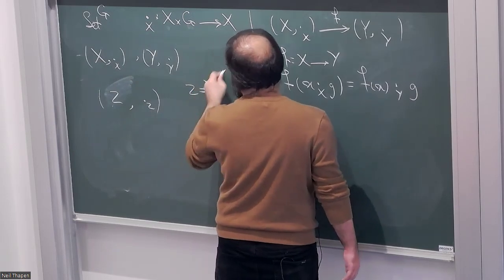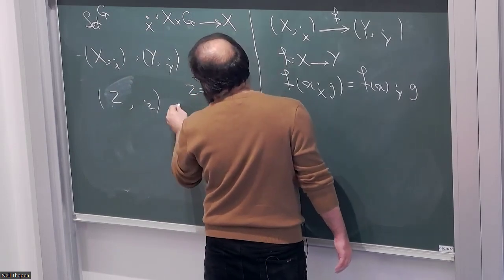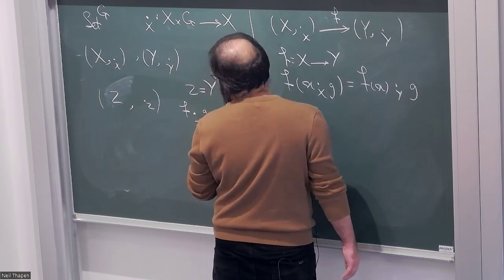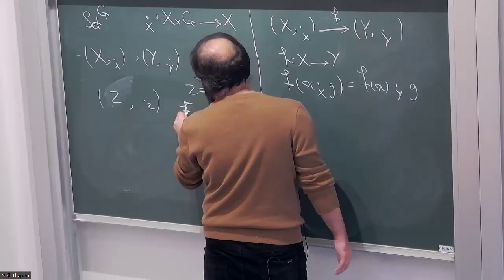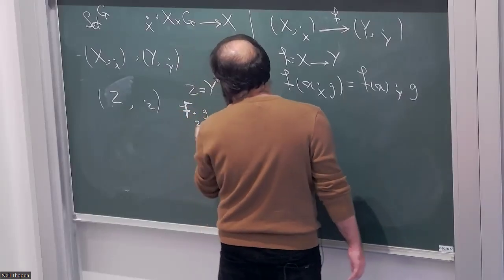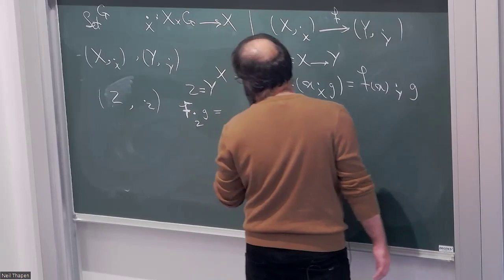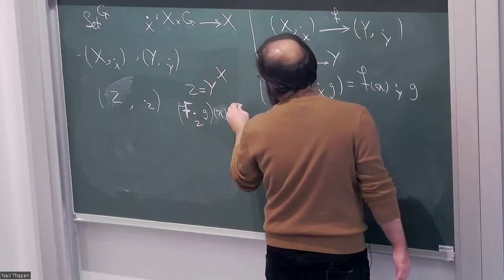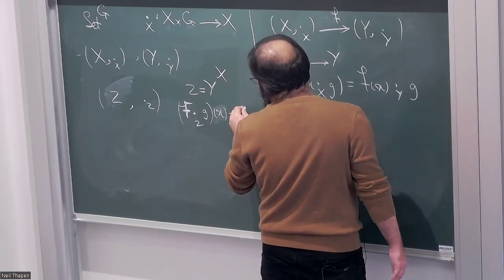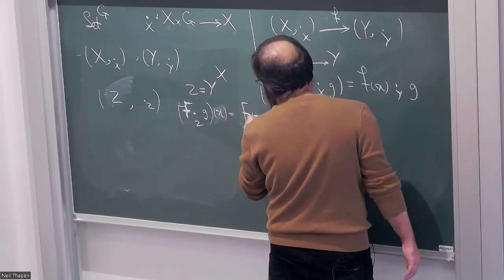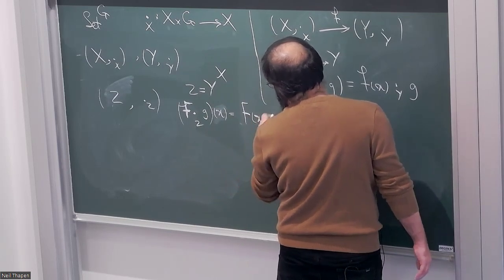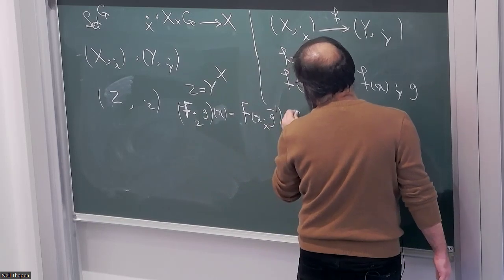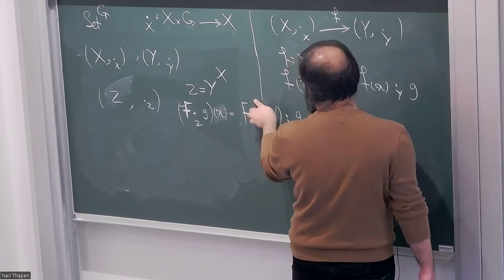My Z is just a set of all functions. And then if I have a function f times the element G, so let me write this. If I have function f from X to Y times G, applying on x, it means, I guess, apply f on x times G minus 1 times y G, if I'm not mistaken.